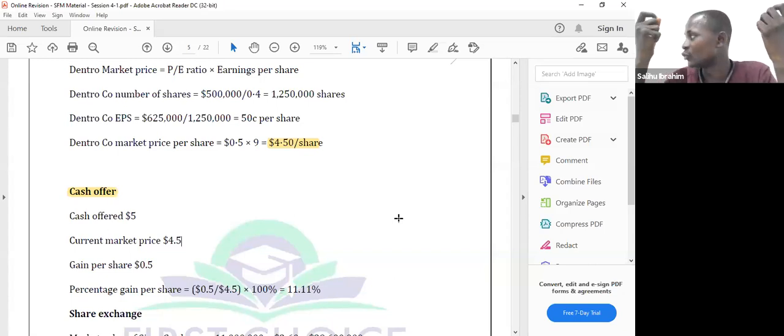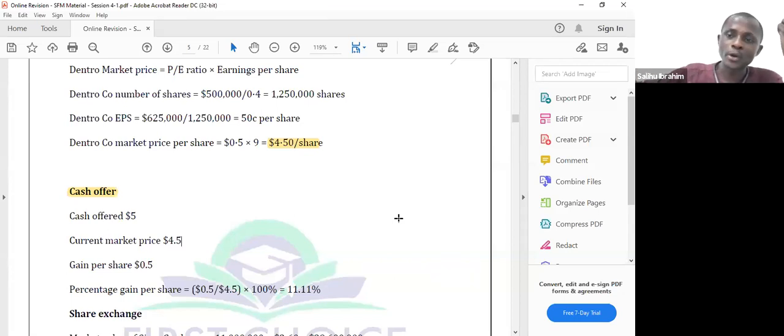Broad in the sense that you'll be looking at the benefit and the drawback from the point of view of the acquirer and the acquiree. You look at the advantages and disadvantages to Dentroco, and the advantages and disadvantages to Sigraco. That is if the question is broad.